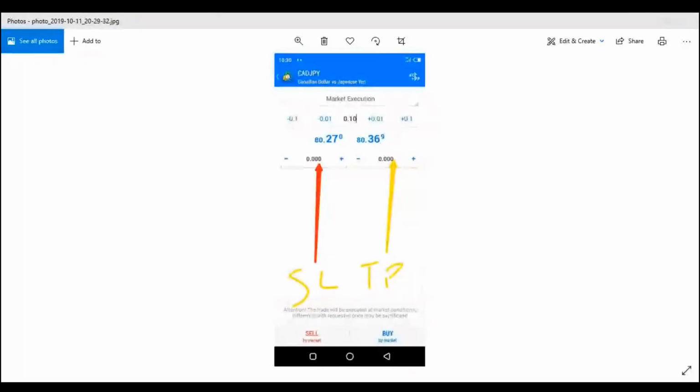You see on the left-hand side, the one with the red line below is where you put your stop loss. The one on the right-hand side is where you put your take profit. So you just click on it and you type in your values. That's how you put in your take profit and your stop loss on your MT4, and also on your cloud trade.